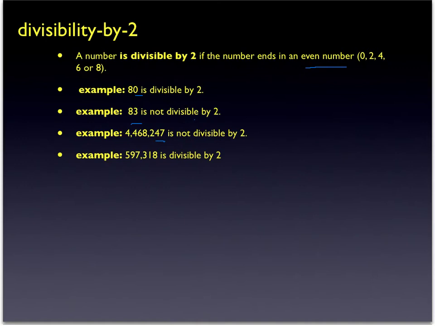And last, we have 597,318, which is divisible by 2 because 8 in the ones place is divisible by 2. So to recap, a number needs to be even. So that's key. It's 0, 2, 4, 6, or 8 in the ones place.